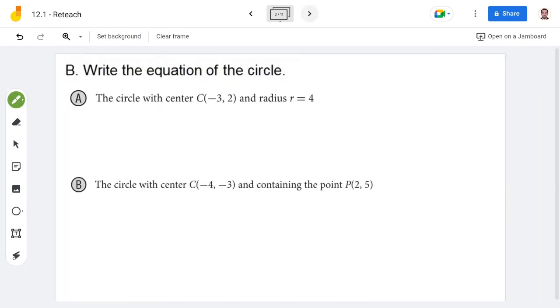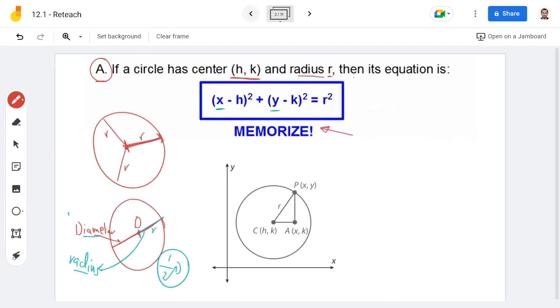Now let's write the equation of a circle. We know that the formula, we have to memorize it, I told you. Let's go back and look again. X minus h, y minus k. Always, h and k have the opposite sign, for both of them, always opposite sign.